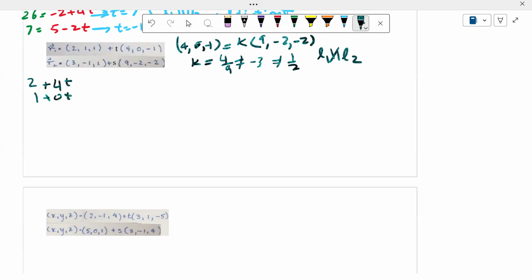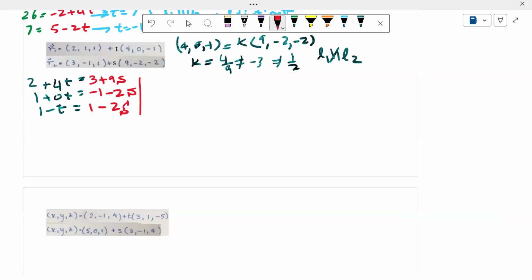You know what? I'm going to write it down. 1 minus t. The parametric equation from the second line is 3 plus 9s, minus 1 minus 2s and 1 minus 2s.